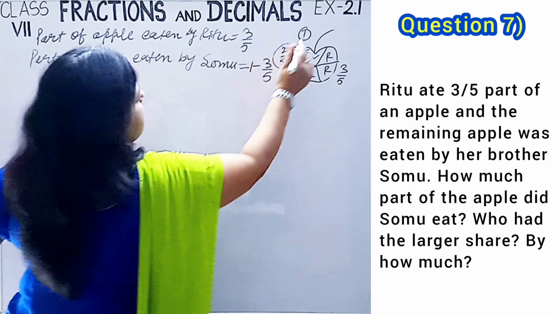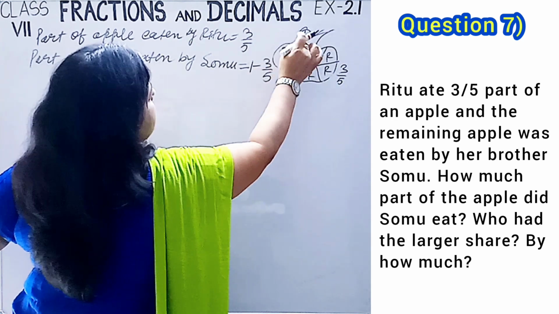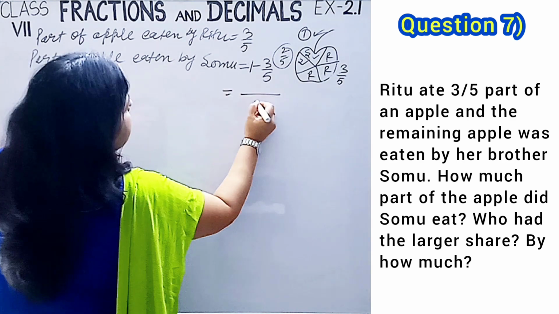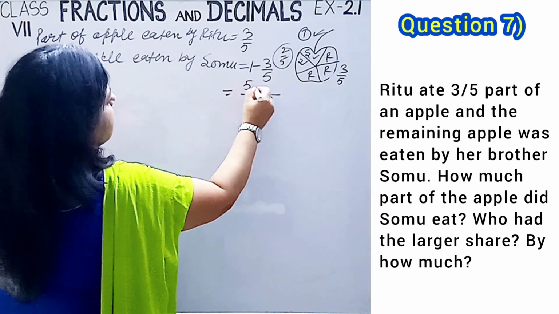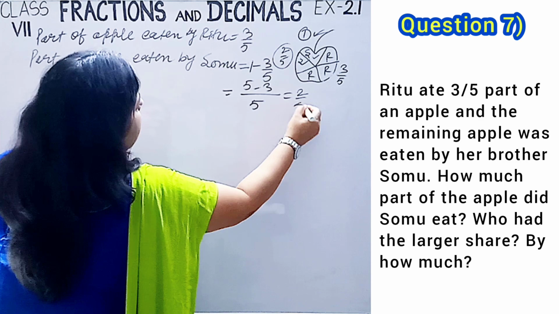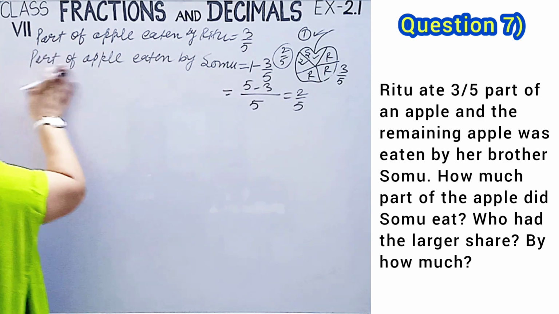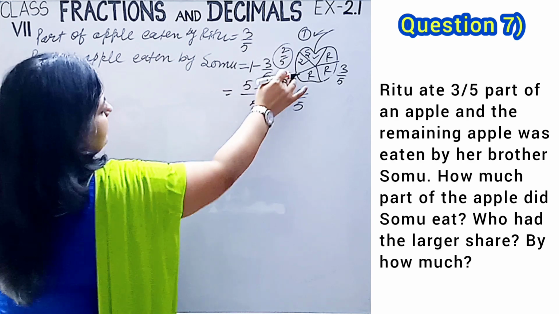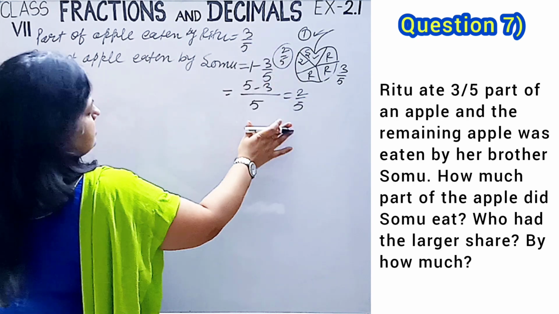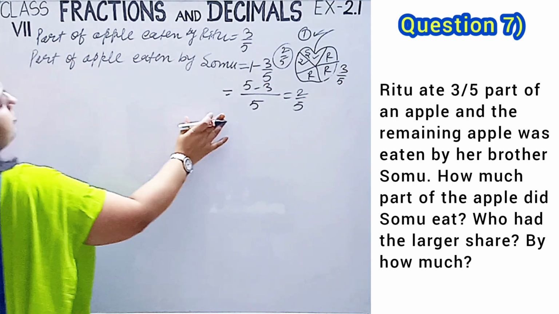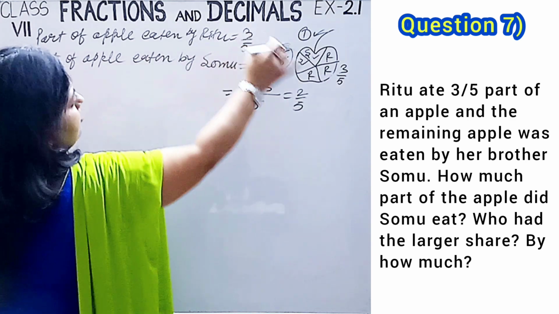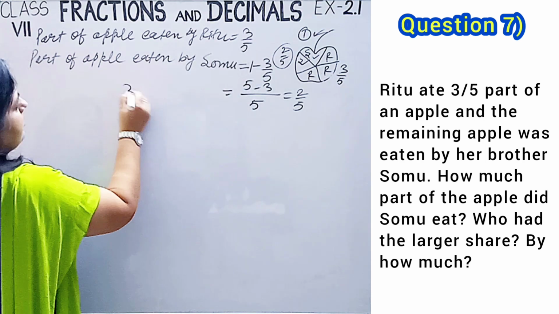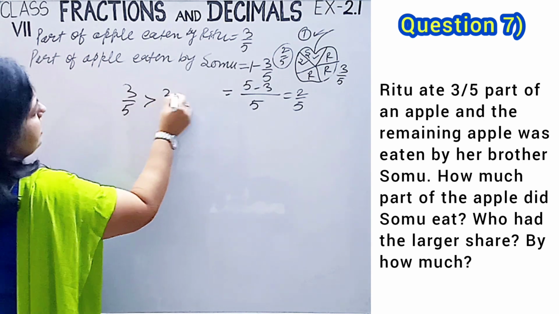Why 1? Because we have 1 apple. This is a whole number. After taking LCM, we get 5 minus 3. Here 2 by 5. And this is the part of apple eaten by Somu. Here we have already found it, but we had to follow steps. So, which is greater, 3 by 5 or 2 by 5? Clearly we can see 3 by 5. 3 by 5 is greater than 2 by 5.